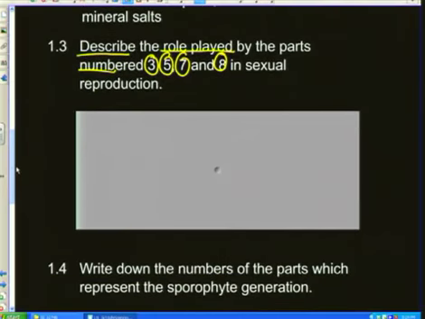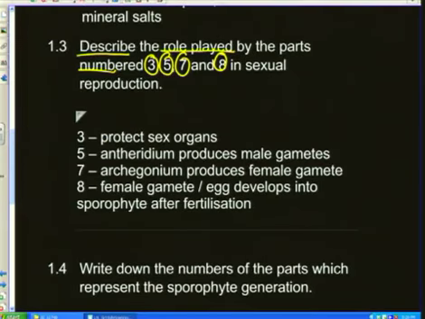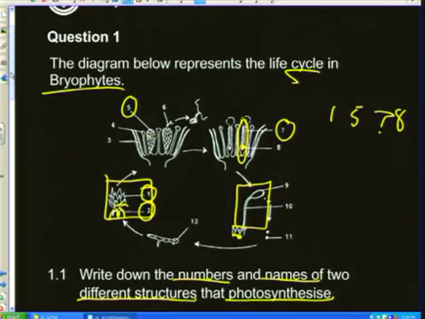Okay, so let's have a look. There it is. Number 3. I said 1, but it's 3. Number 3 is this part here.